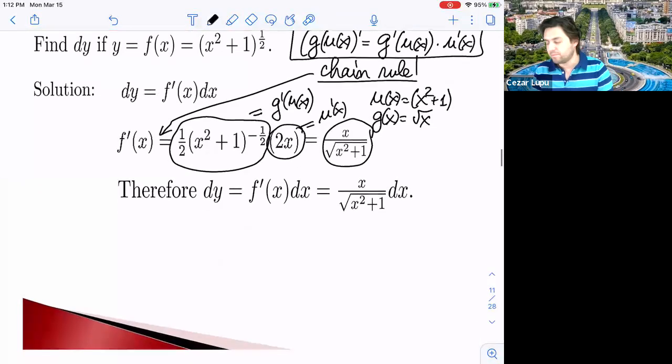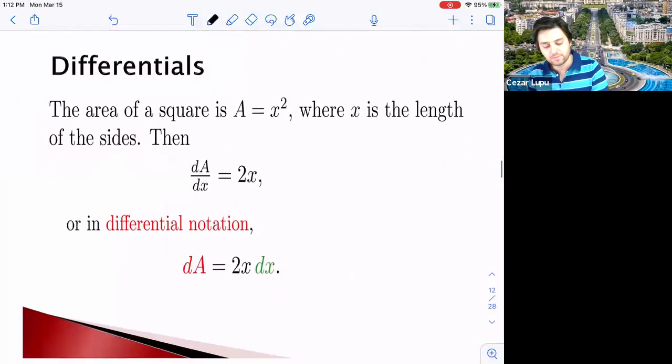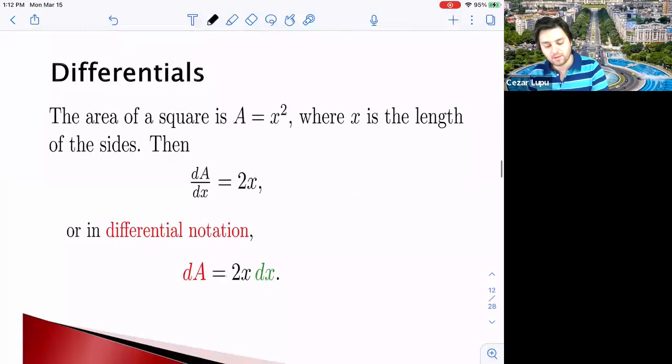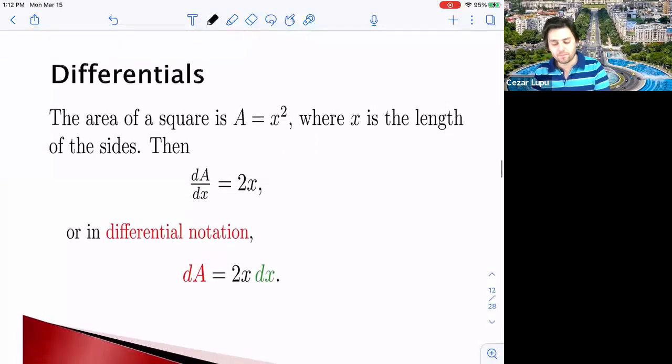All right. Now let's talk a bit more about differentials. The area of a square, as you know, is x squared, where x is the length of the side.